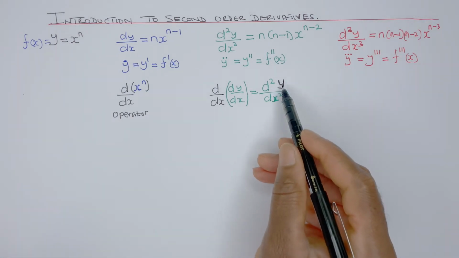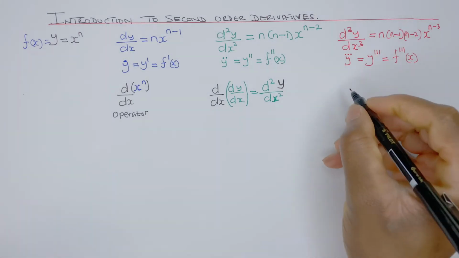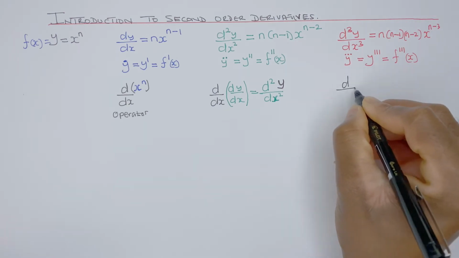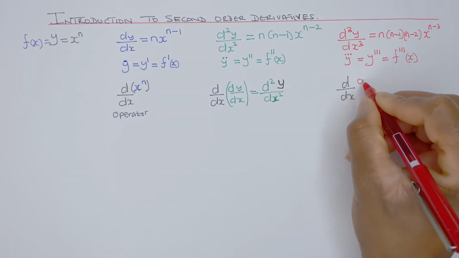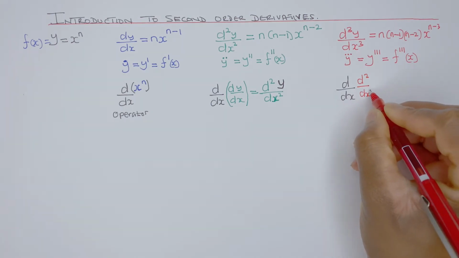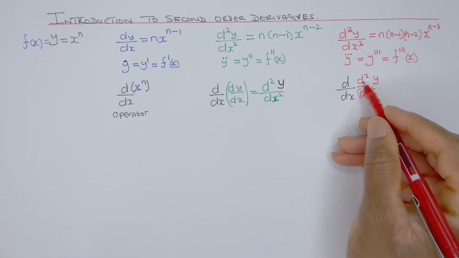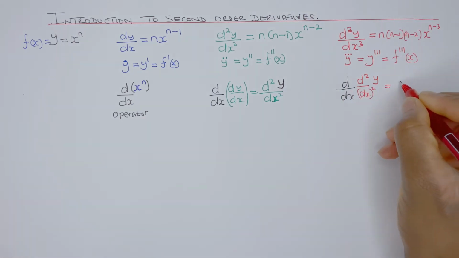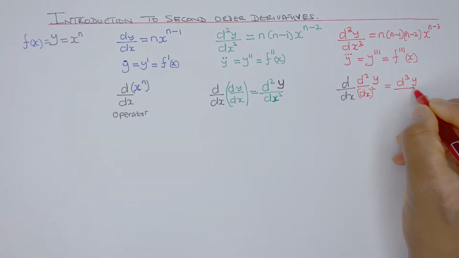It's operating on it twice, and that's why you got that. You can imagine the third operation, which is d over dx operating on d squared over dx squared of y. d times d squared equals d cubed, operating on y, over dx cubed.